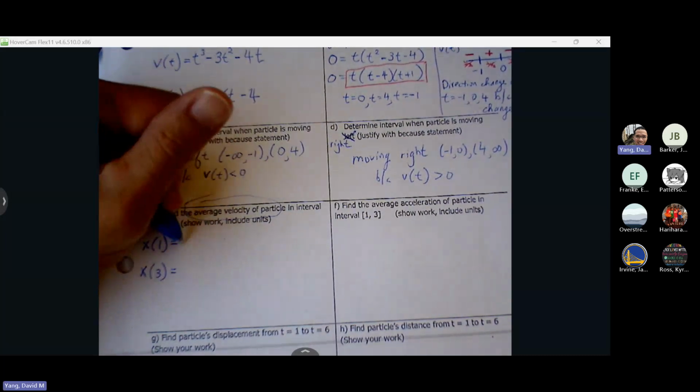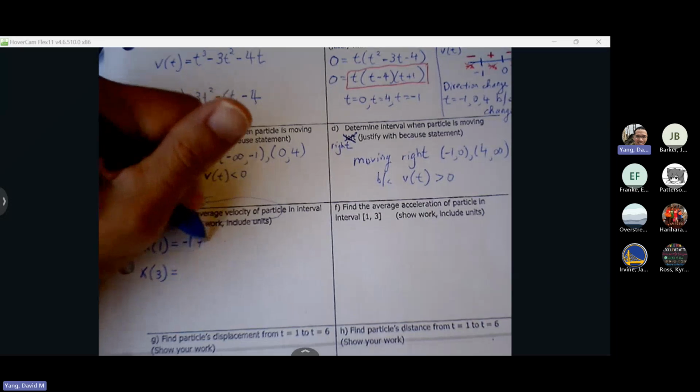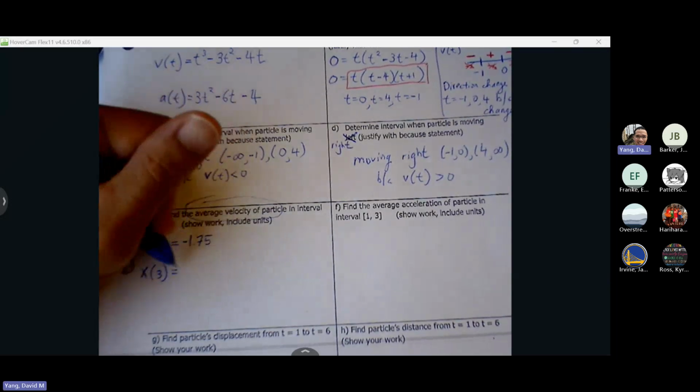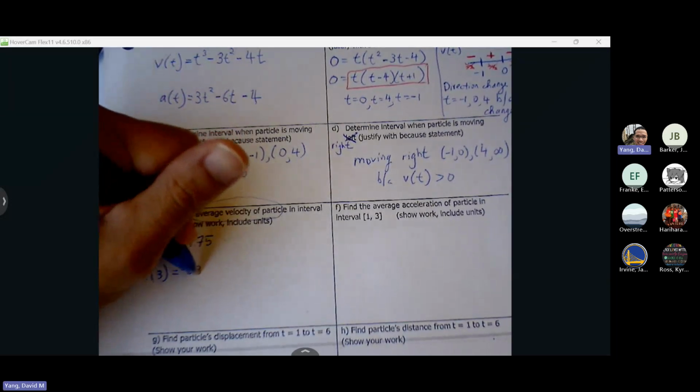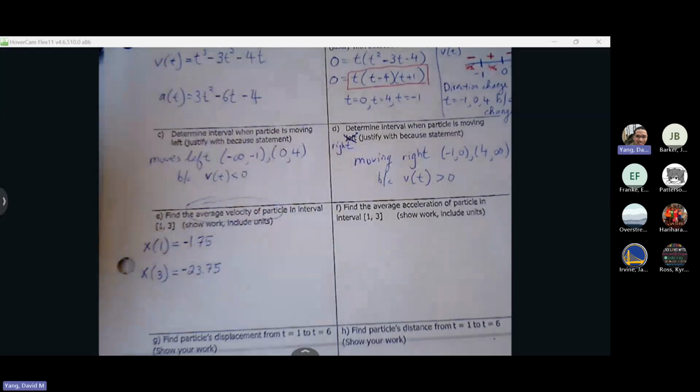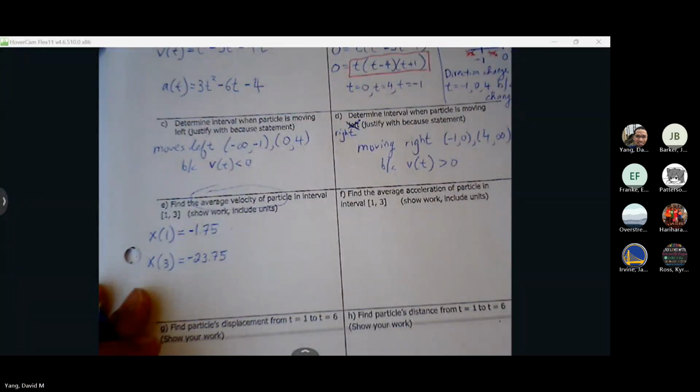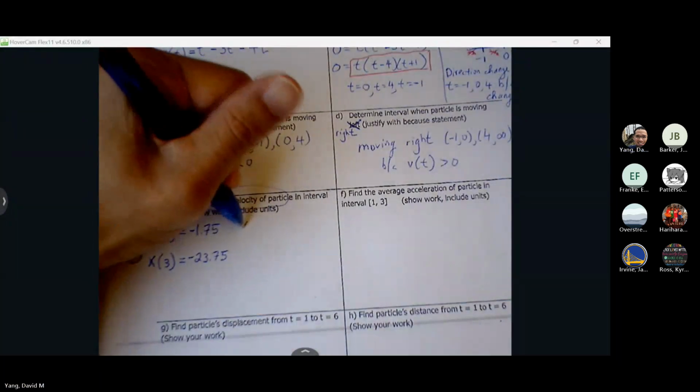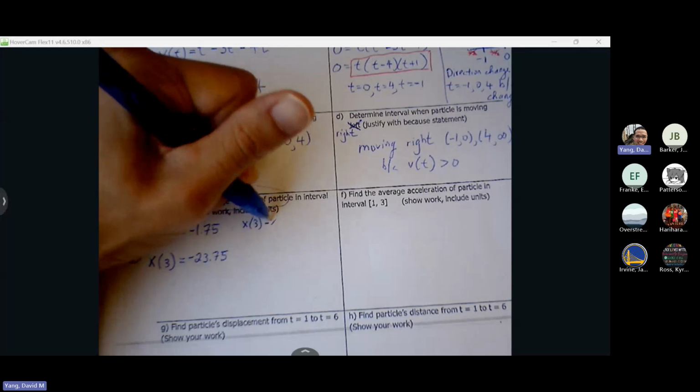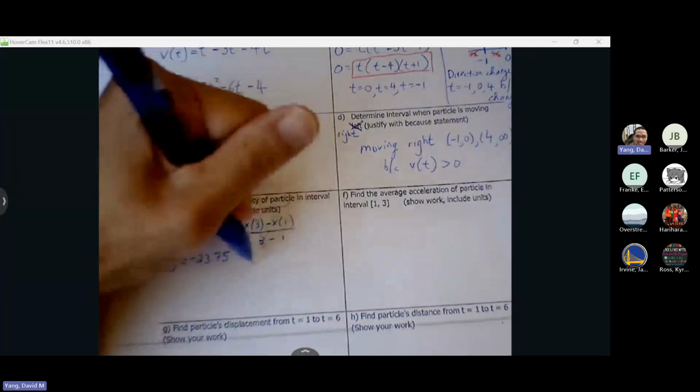So x of 1 gives us -1.75. x of 3 gives us -23.75. So it's just going to be x of 3 minus x of 1 all over 3 minus 1.